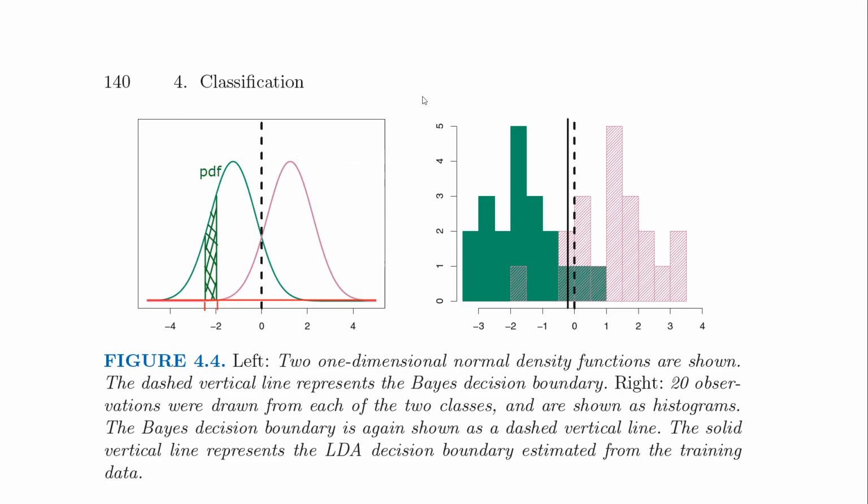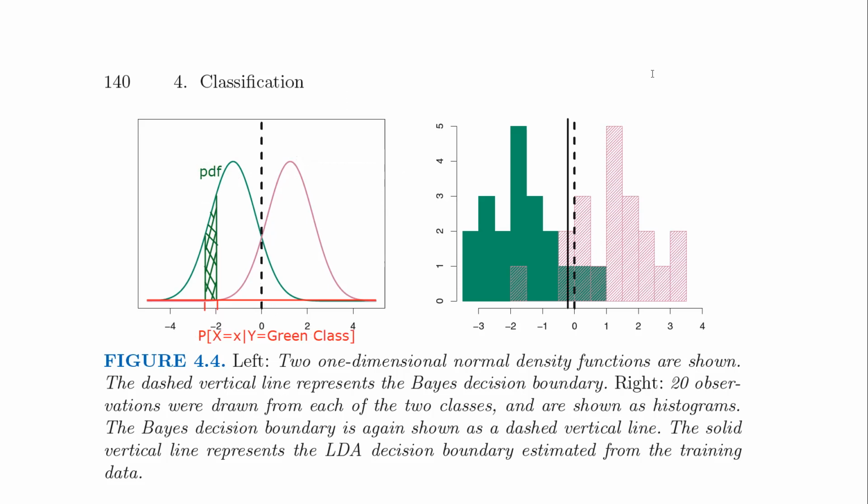And we're looking at a conditional probability where we're taking the probability that X is a specific value given that Y is this green class.